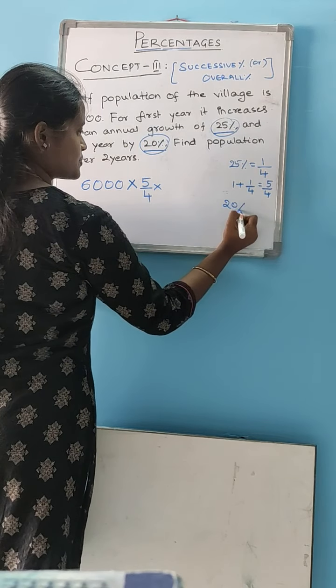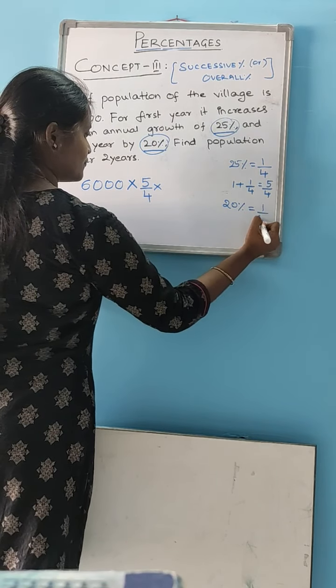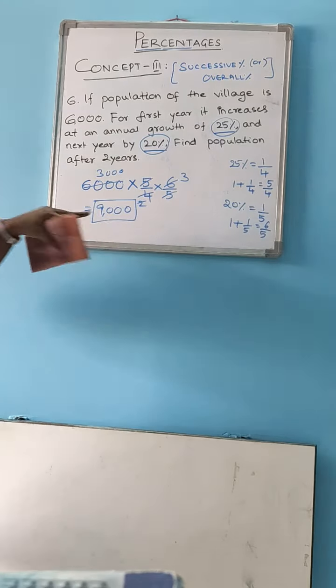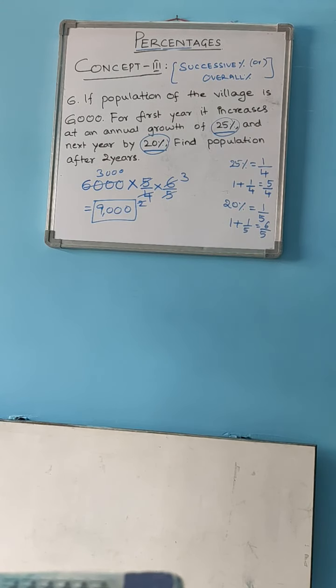Again 20% is 1 by 5, so increased is 1 plus 1 by 5, that is 6 by 5. Now you can cancel: 5, 5, 2 twos, 2 threes, 3000. Total it is 9000. The total population of the village after 2 years is 9000. You can follow any of the methods.